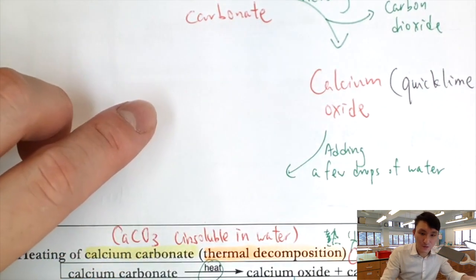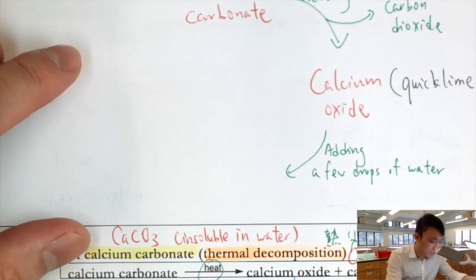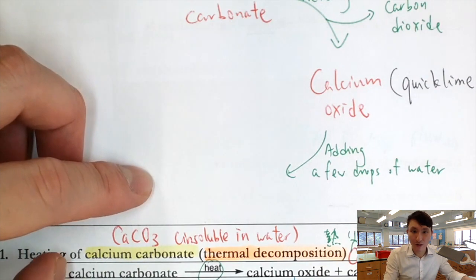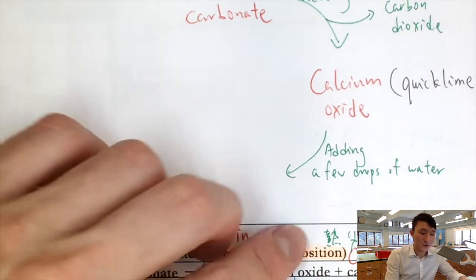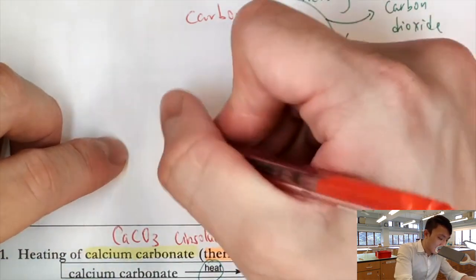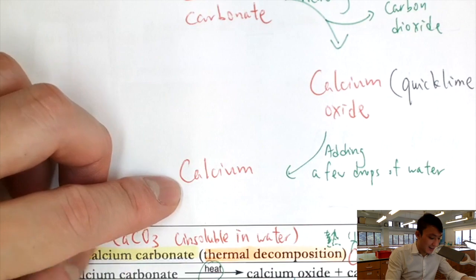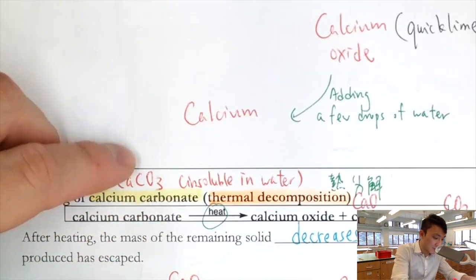And when we add a few drops of water, this reaction will produce calcium hydroxide. Don't worry, later on I will show you an experiment and you will know why I have to add a few drops of water. Here, calcium oxide reacts with water to form calcium hydroxide.